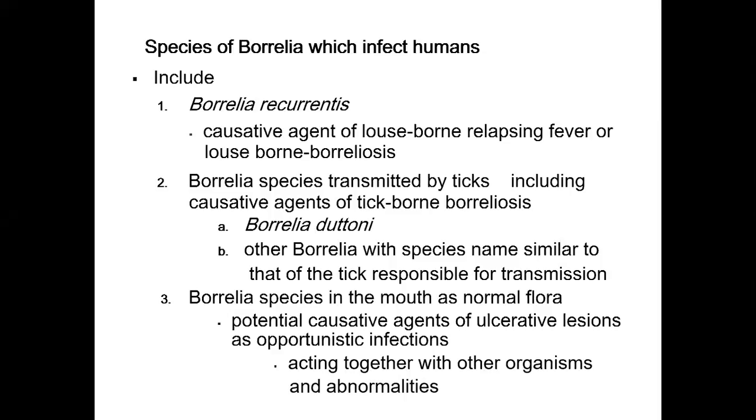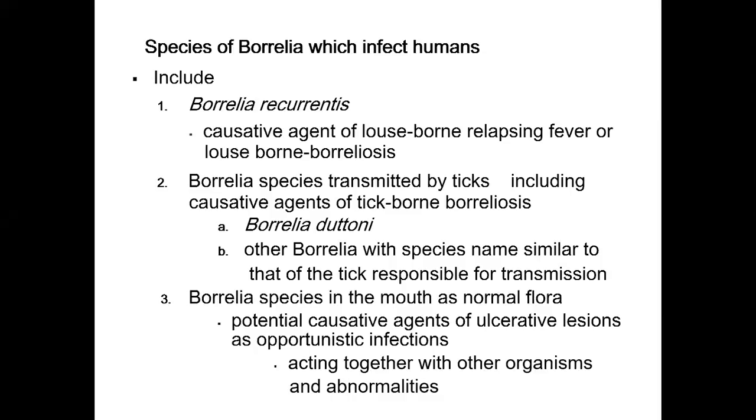Thirdly, there are some Borrelia species which are found in the mouth. Again, they might have their specific names, but they're lumped together as oral cavity spirochetes together with other species of spirochetes. And they are significant as causative agents of ulcerative lesions in the mouth as opportunistic infection.